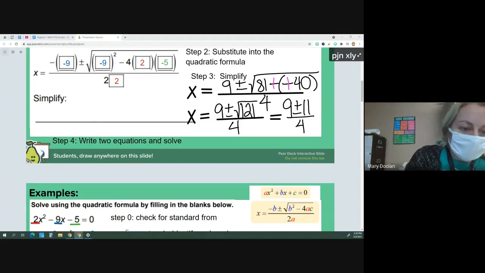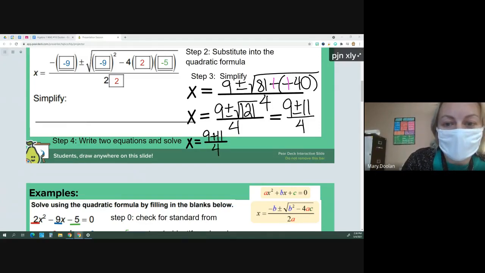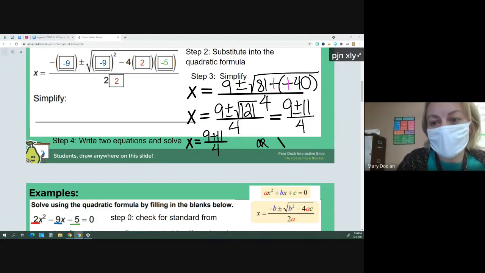So the two possibilities here are that x is equal to 9 plus 11 divided by 4, or x is equal to 9 minus 11 divided by 4.